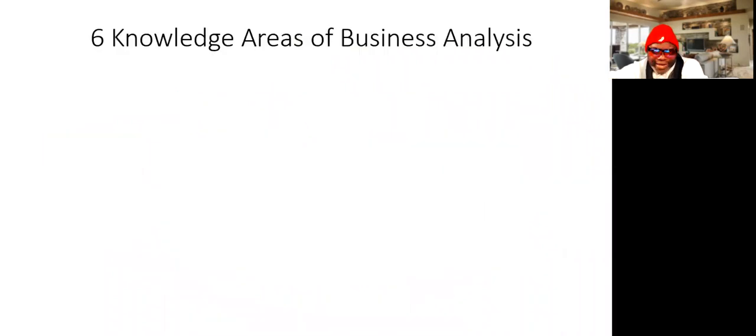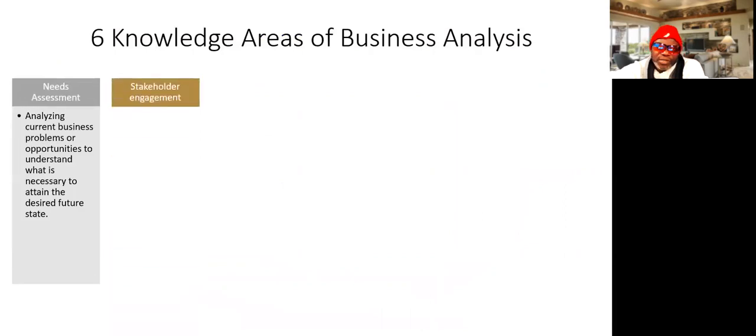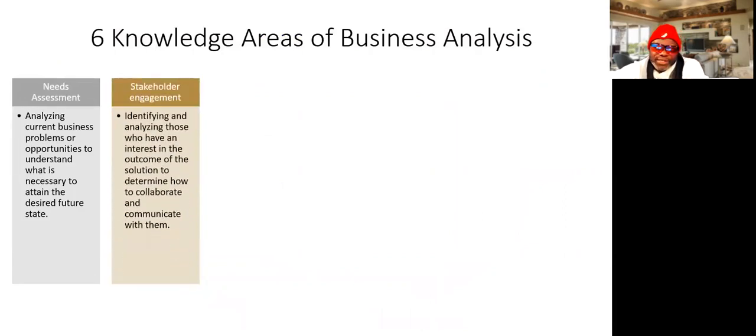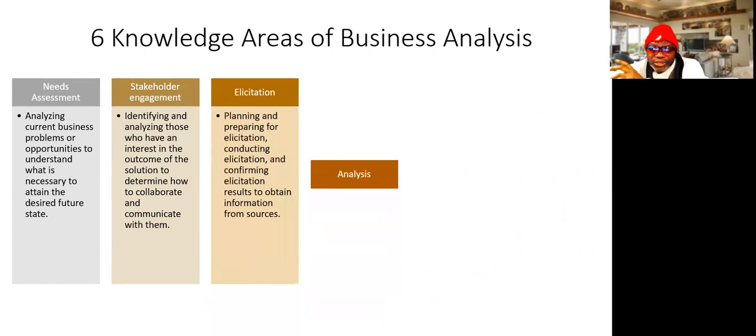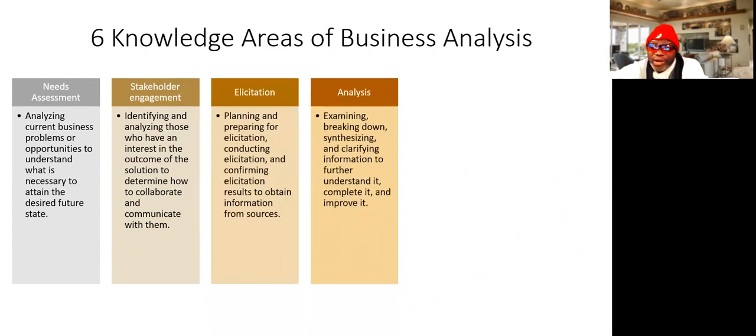So let's take a look at these. Needs assessment is analyzing the current business problems or opportunities. Stakeholder engagement is identifying and analyzing those who have an interest in the outcome of the solution to determine how to collaborate and communicate. Elicitation is the drawing out of those requirements.